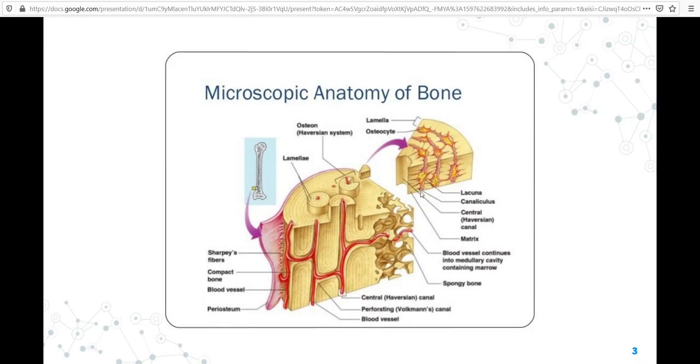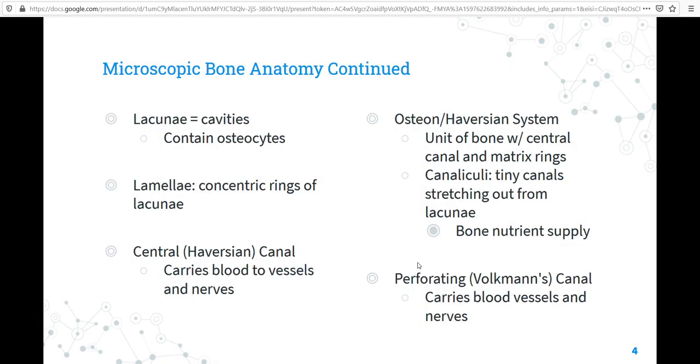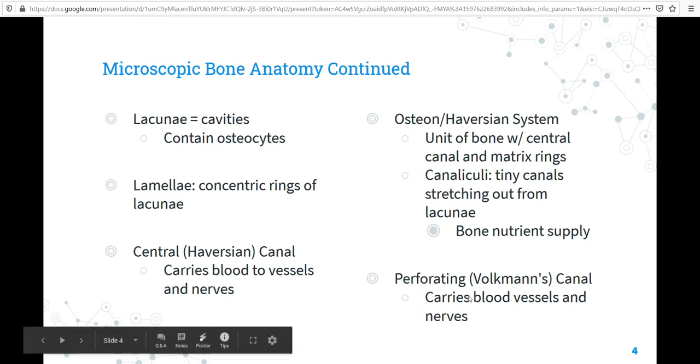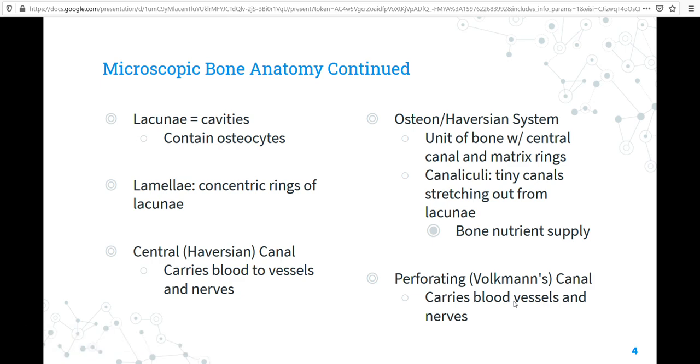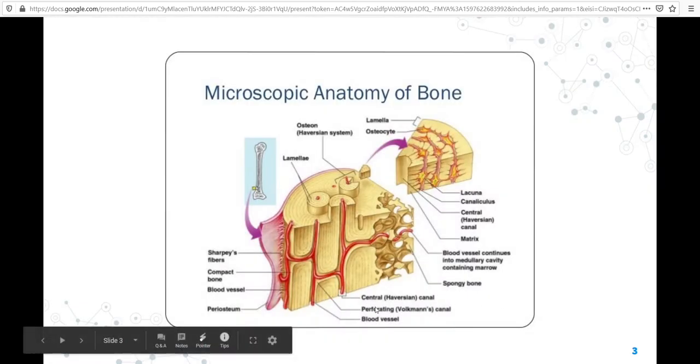As you can see, a single canaliculus is shown right here, and here's the lacuna from which it stretches out. And then we also have the perforating or Volkmann's canal, and it carries blood vessels and nerves on the bone. Here is the Volkmann's canal right here.